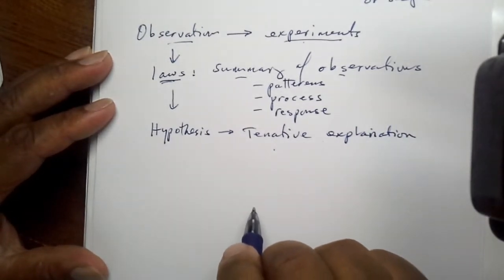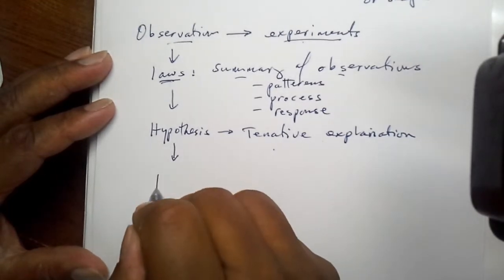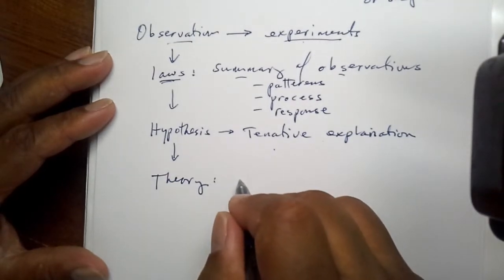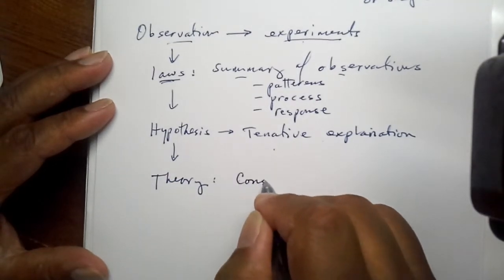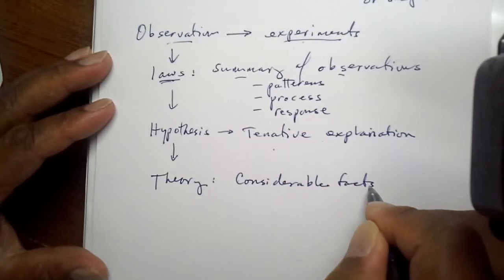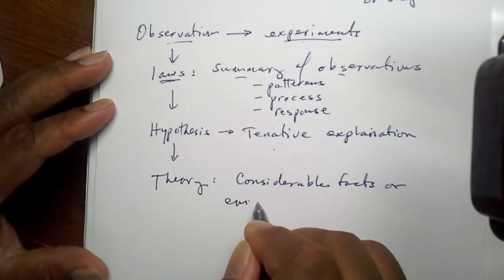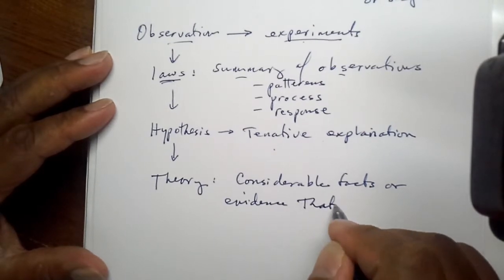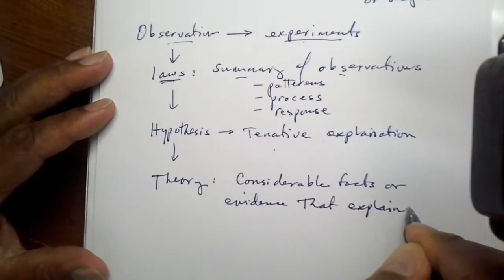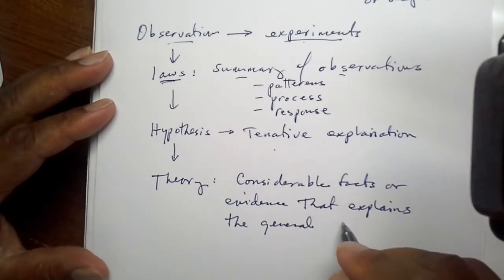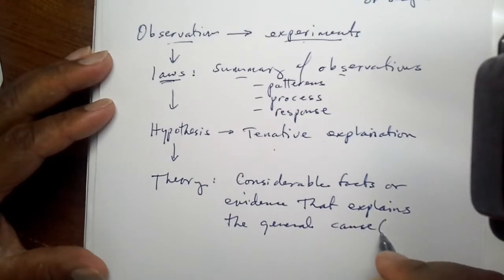Once you have a tentative explanation, then you can come up with a theory. And a theory is based on considerable facts or evidence that explains general causes, processes, or principles that you've observed.